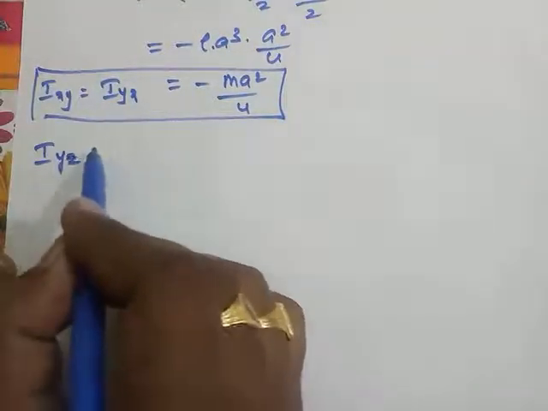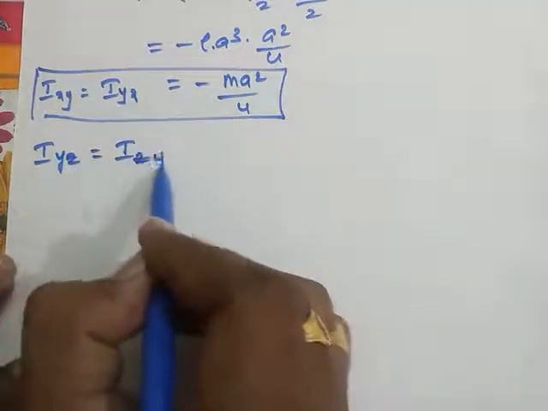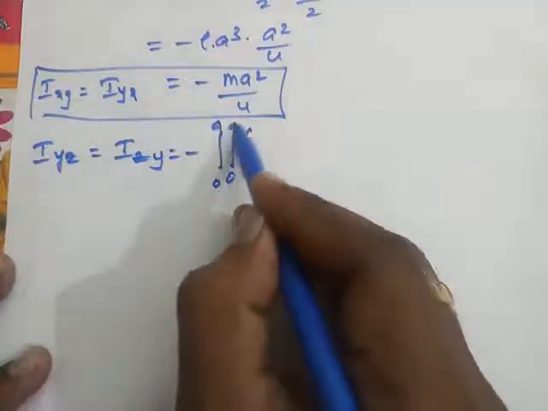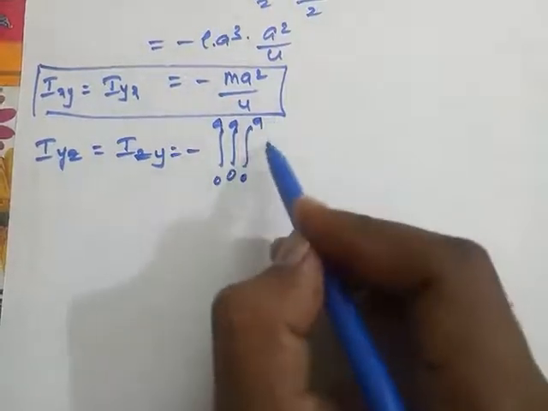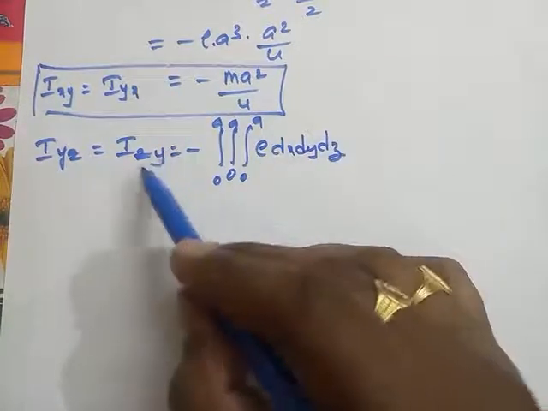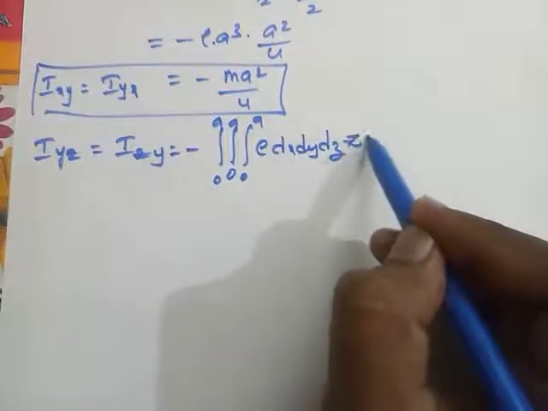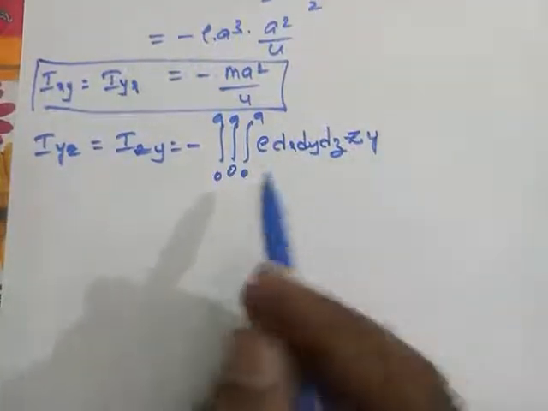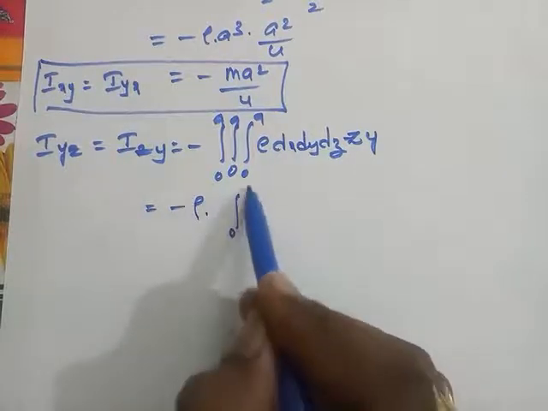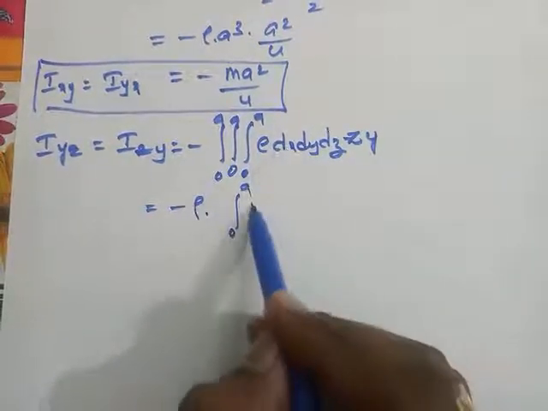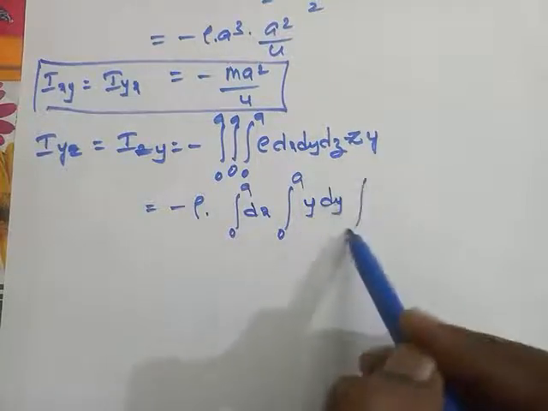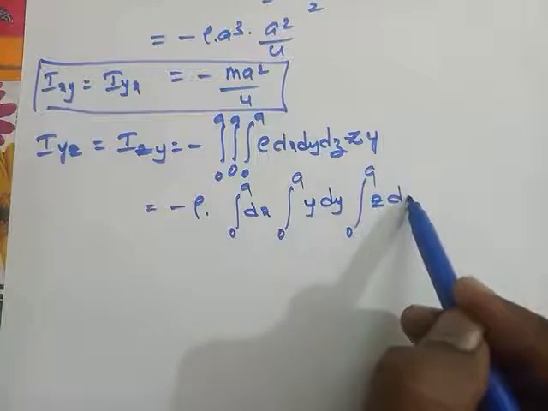Iyz. So Iyz and Izy is equal to minus triple integral with limits 0 to a, 0 to a, 0 to a. Here we have rho into dx dy dz, and the remaining term is zy. Integrating this one, we get minus rho outside and 0 to a dx, and 0 to a y dy, and 0 to a z dz.